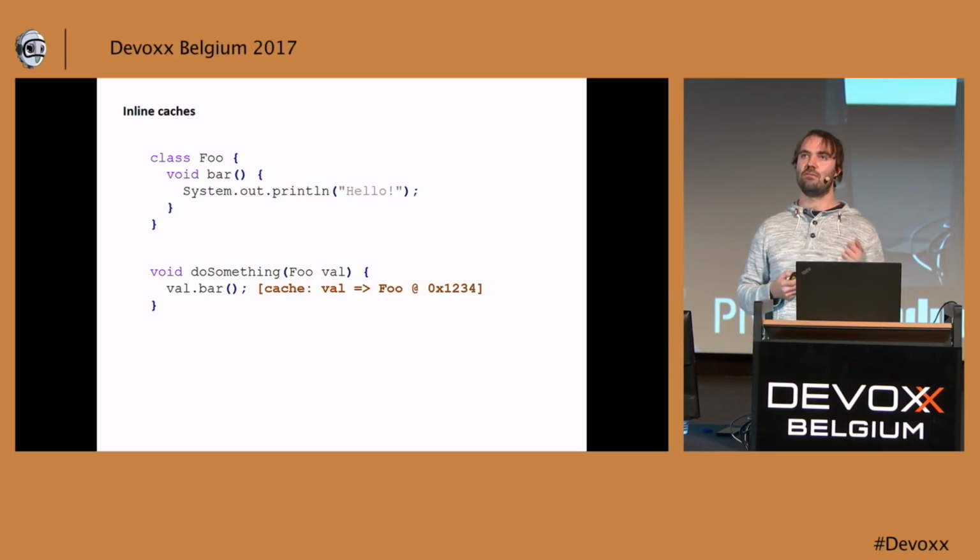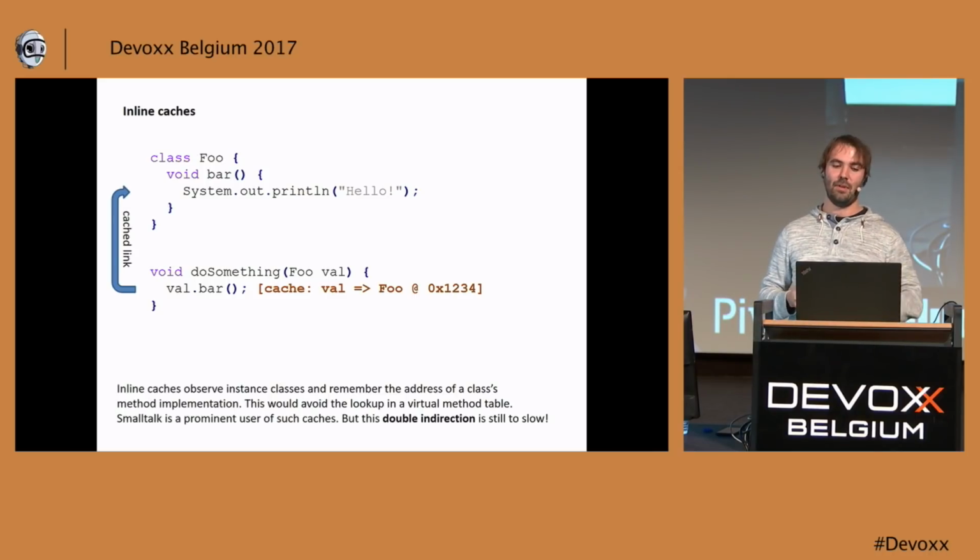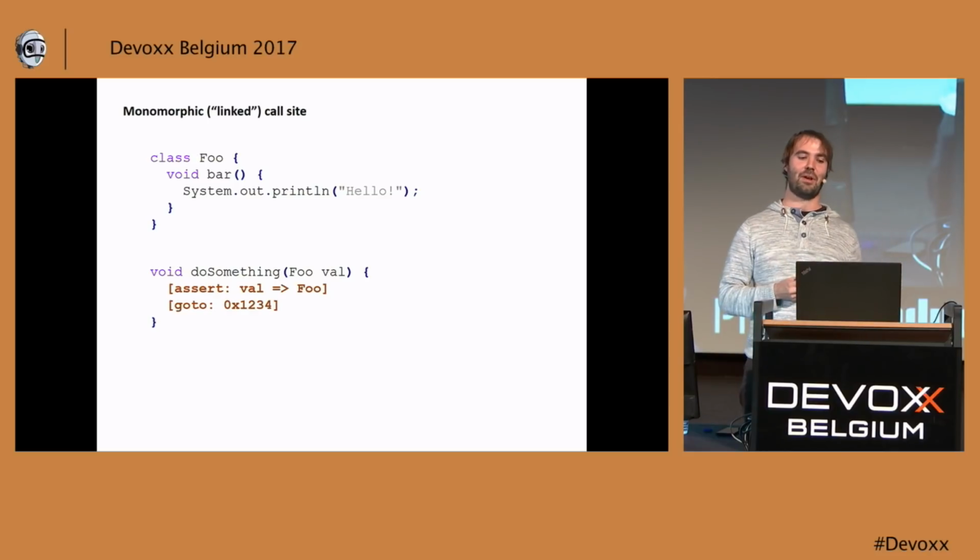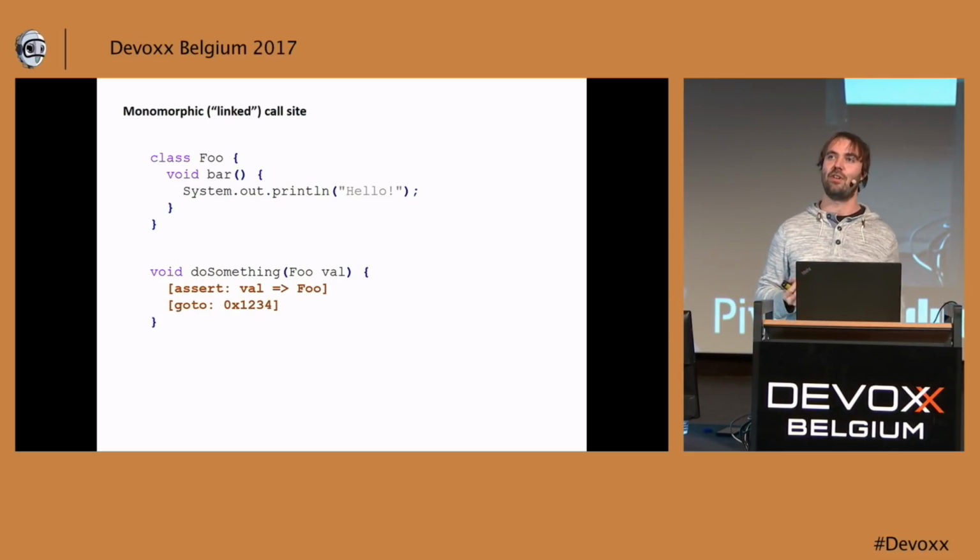So now you would only check the class of the instance and then look up the address from the cache, which is much faster because it's local, and you would already improve the performance of your program. The Java virtual machine does not employ such caches. The Java virtual machine does something that is in practice much more performant, and it also leads to other performance optimizations being possible due to this optimization.